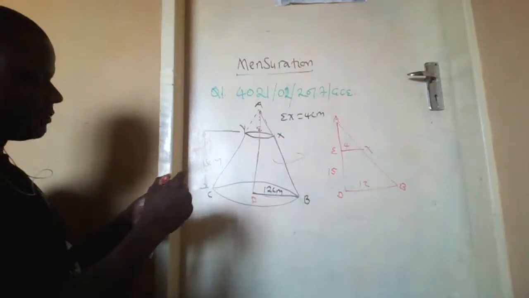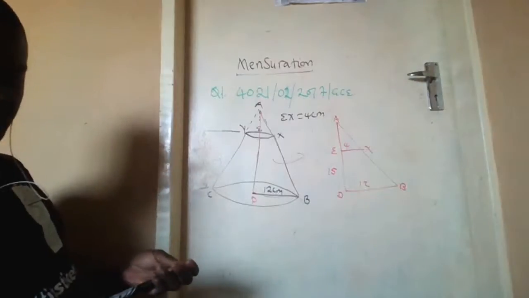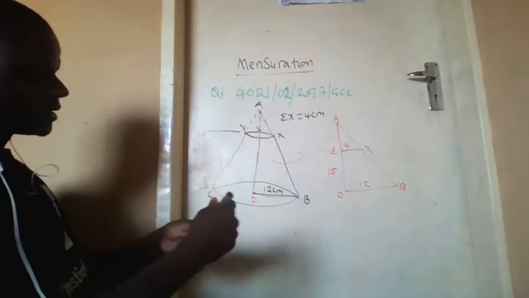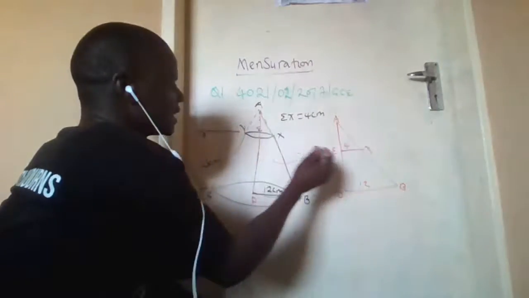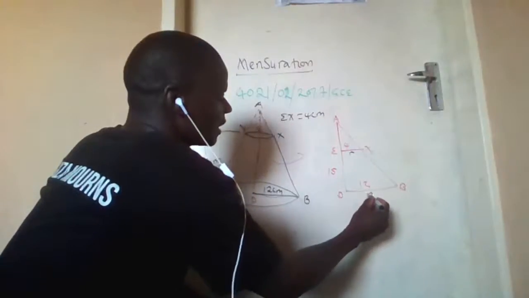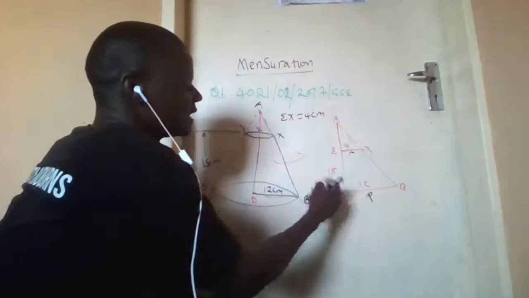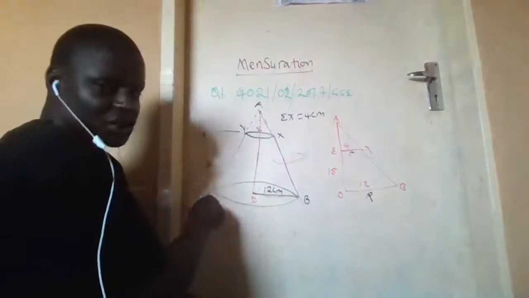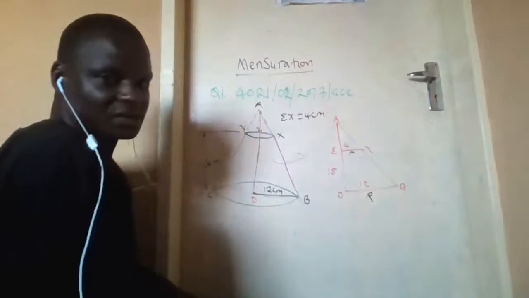So from that, it becomes easier for us to play a mathematical game. We are going to say that EX represents a small r, then DB represents the big R, AD represents the capital H, and AE represents a small h.